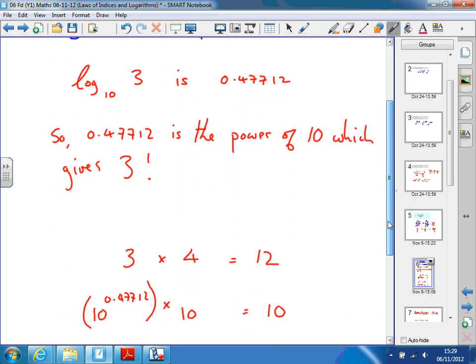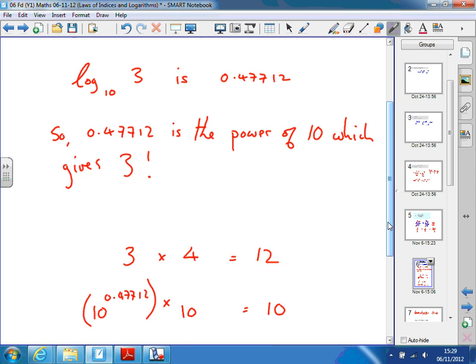If I want to work out what 3 times 4 is, well, I know what 3 times 4 is. It's 12. Okay? But if I work out what the log of 3 is, that's 0.47712. So 10 to the power 0.47712 is 3, effectively. What power of 10 gives 4?